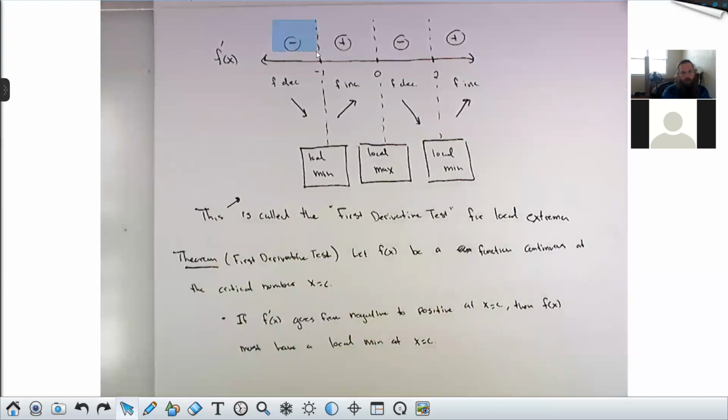Right, that's f prime going from negative to positive, means f goes from decreasing to increasing, means you had to roll through the bottom of a valley, which means that point is a local min.